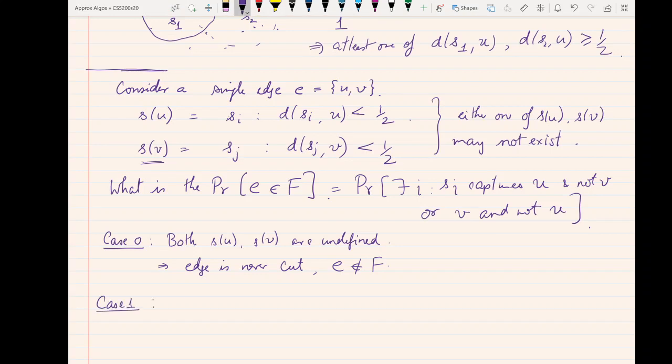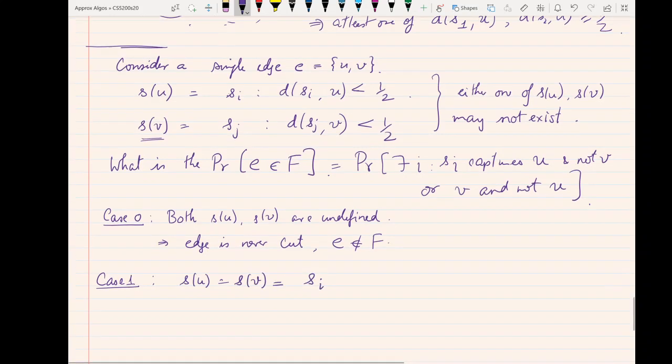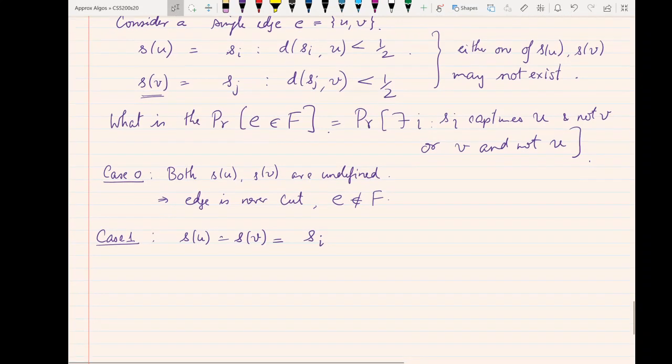Case 1 is when S of U is equal to S of V and both are equal to some Si. So there's one single Si which is close to both of these within the radius half.